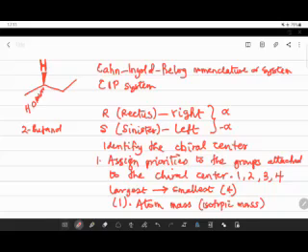So for 2-butanol, there is a hydrogen, there is a carbon, there is an oxygen, and there's a carbon that are directly attached to the chiral carbon, which I've indicated by asterisks.